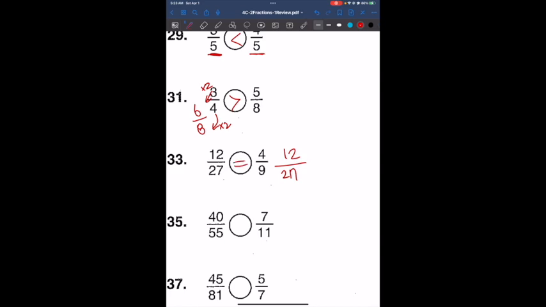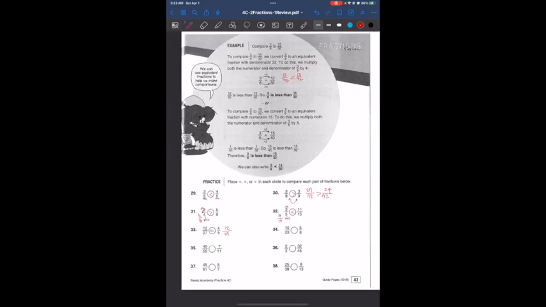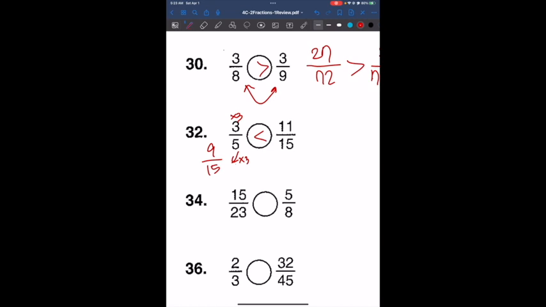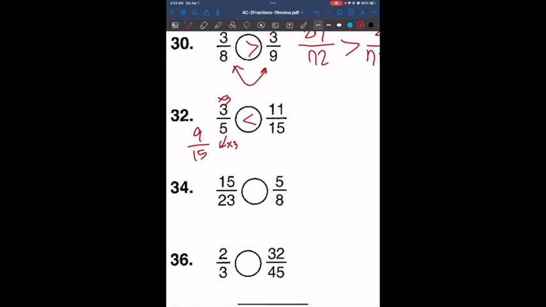They're the same, so these two are equivalent fractions. And then in this case, we can compare the numerators.